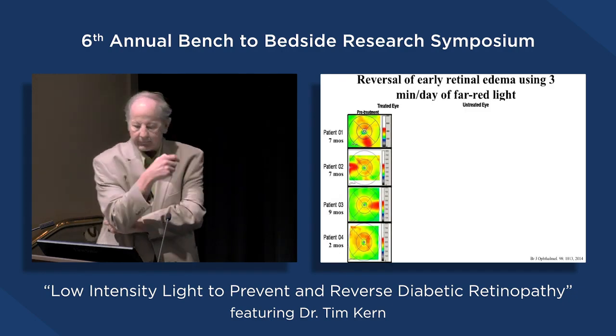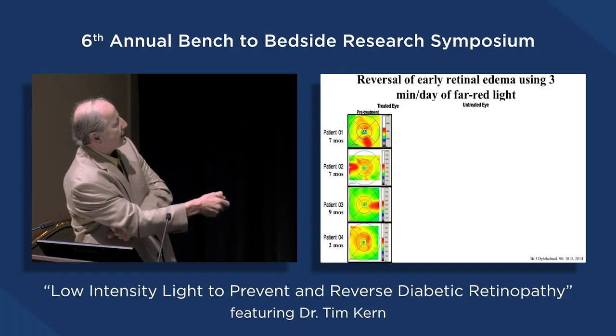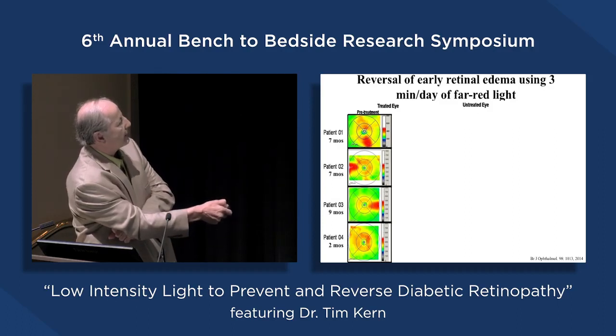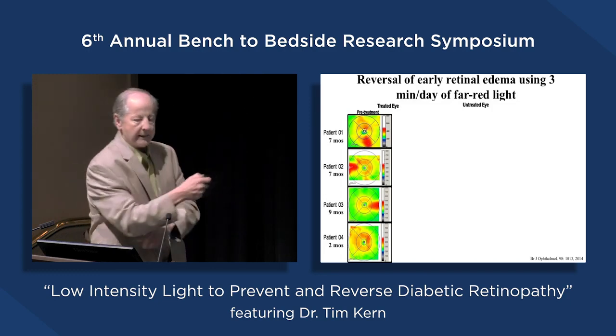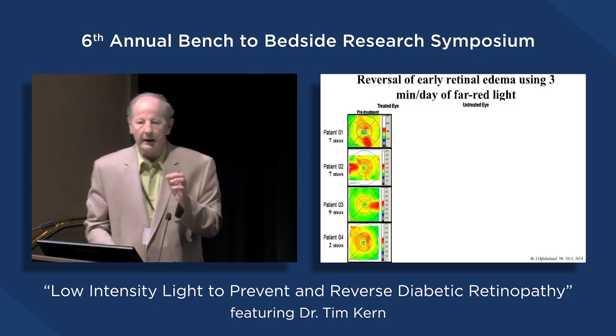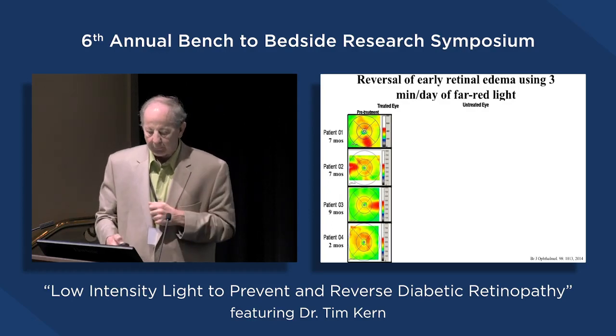So here is OCT to assess retinal thickness. Basically, green and yellow is normal. The thicker the retina, the more abnormal the retina becomes, the more orange or red it becomes. And these patients were all selected because they had non-center involved diabetic macular edema. And so this is the eye before treatment.